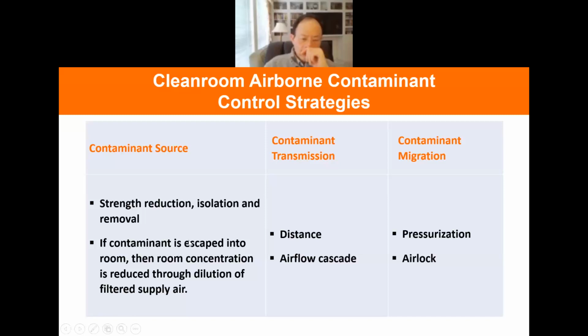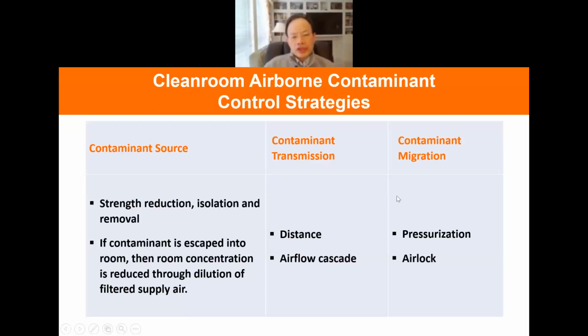If a contaminant escapes into the room, then you have to do what we call dilution, to reduce the particle concentration in the room by providing HEPA filtered supply air. So these are the source.